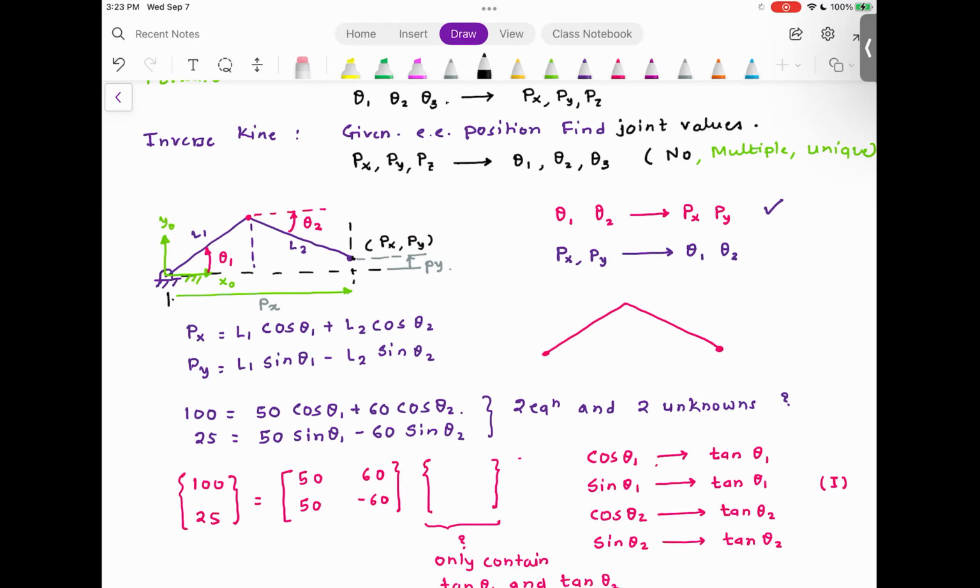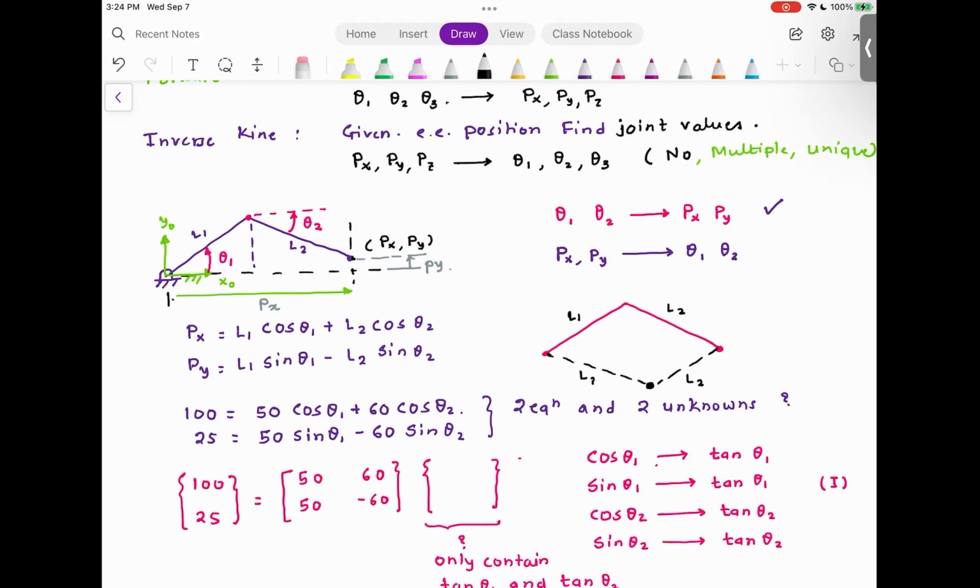At the same time, this is also a valid solution, and these angles are going to be different. So you have L1, you have L2. The same position can be met by a different combination of angles that this approach does not provide.